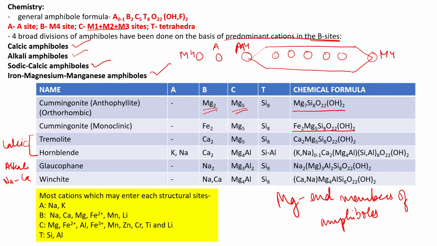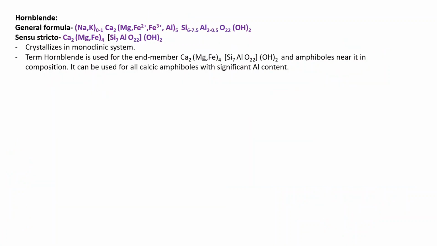So here you can see that the A site is equipped to hold Na and potassium. The B site, which is the M4, I'll write here for you. M4 can hold sodium, calcium, magnesium, ferrous, manganese, and lithium. The M1, M2, M3 can hold magnesium, ferrous, aluminum, ferric, manganese, zinc, chromium, titanium, and lithium, while the tetrahedra is of silicon and aluminum.